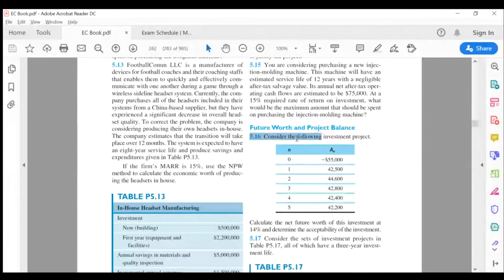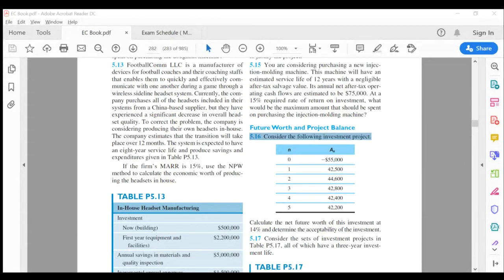Now question number 16 is future worth and project balances, right? If you look at question number 16, it says consider the following investment projects, and in year 0 there is a cash outflow of minus 55,000. Year 1 it is an inflow because it is positive 42,500.